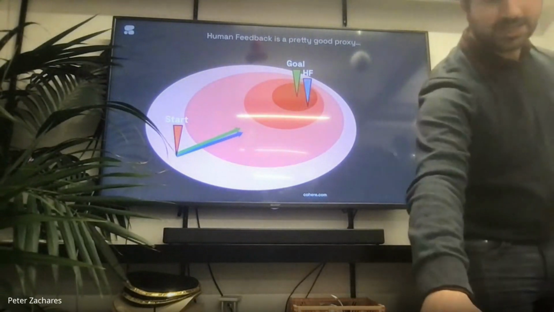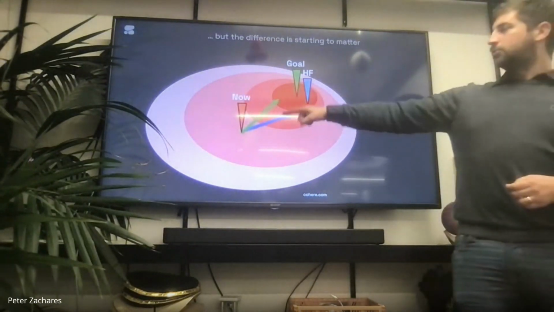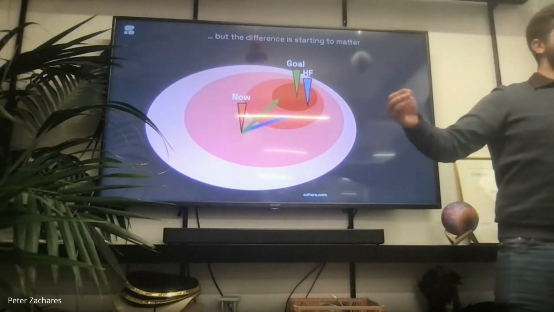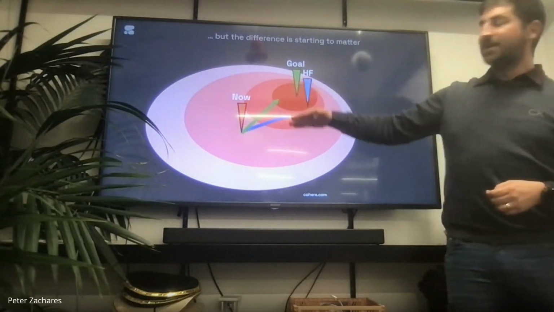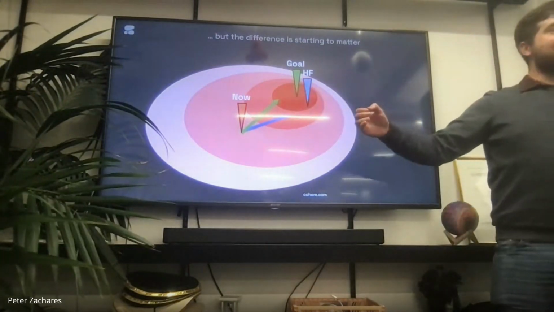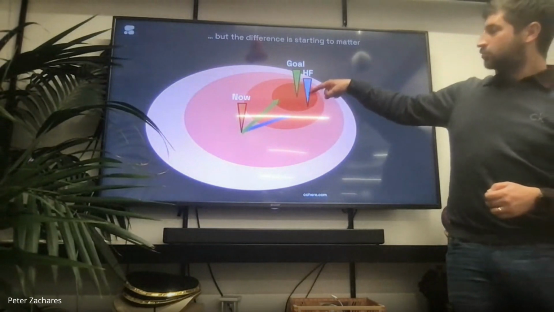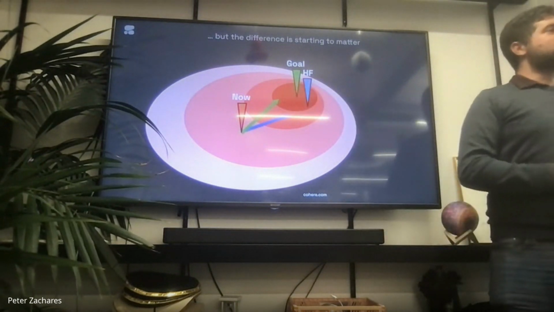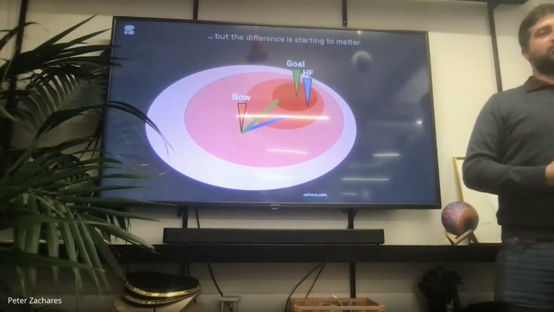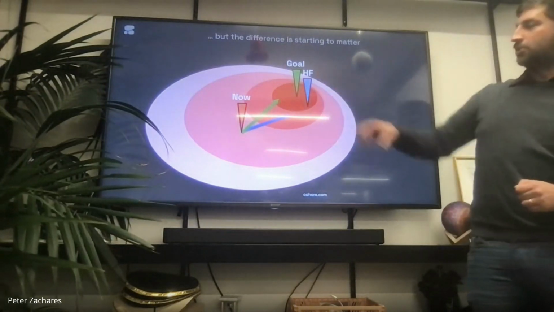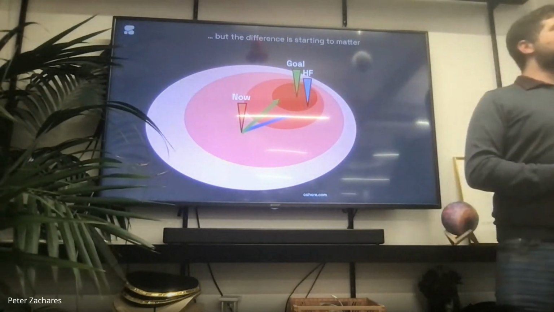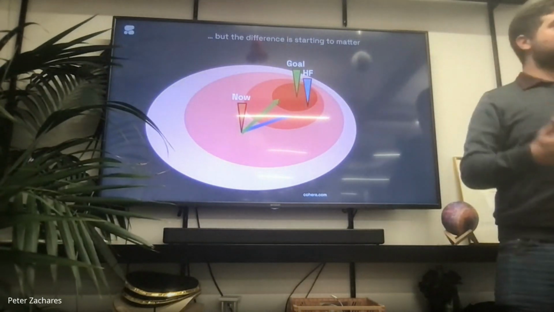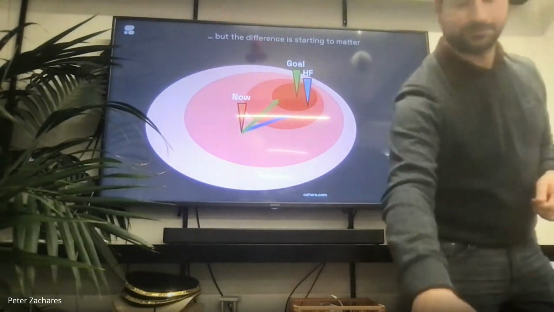The problem is, as you start to get closer and closer to where you want to get to, the angle grows. And the closer you get to human feedback, actually the bigger the gap to your true goal is. And so as we start to approach this goal, we should start to think a bit more intentionally about where we actually want to take these models.